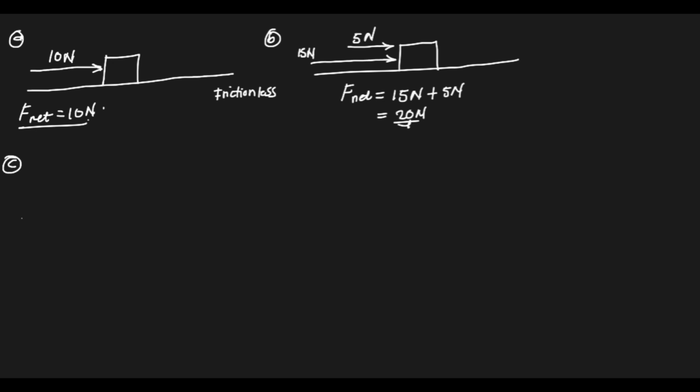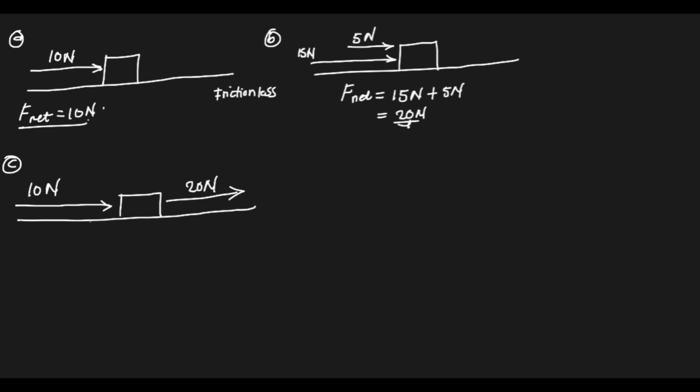Now, what of an example like this one? Here this arrow shows that maybe a person is pulling an object, and this one has 20 newtons. Then we have another arrow, and let's just say this one is 10 newtons.